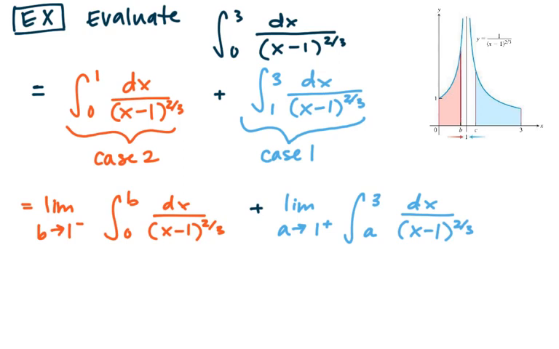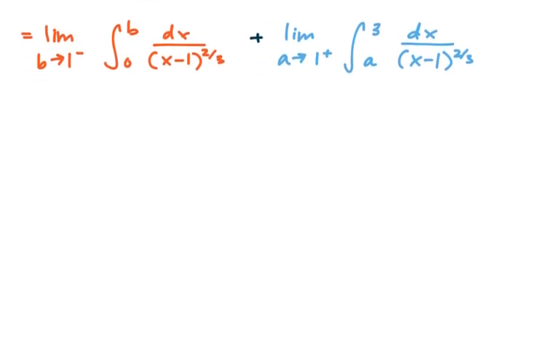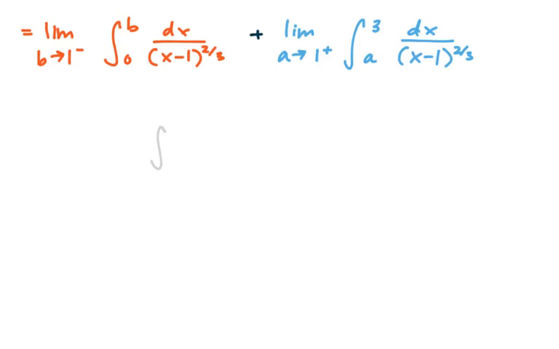So these can both be integrated by a u substitution. I'm just going to do that as some scratch work here. If I was dealing with the integral of 1 over (x minus 1) to the 2/3 dx, I would let u equal x minus 1. That means that du equals dx.